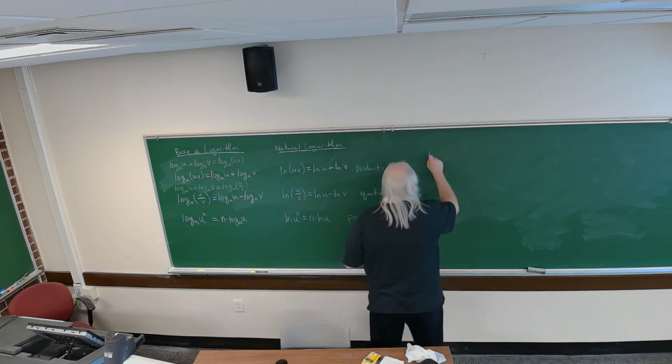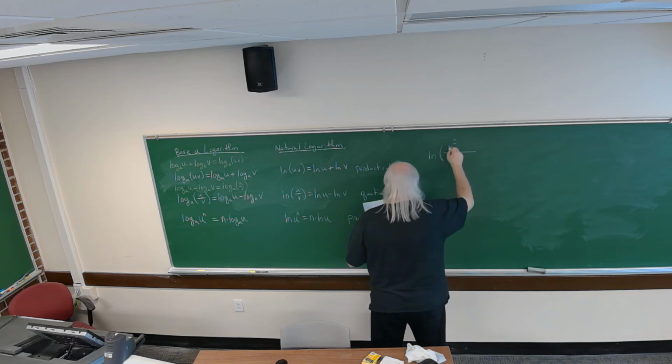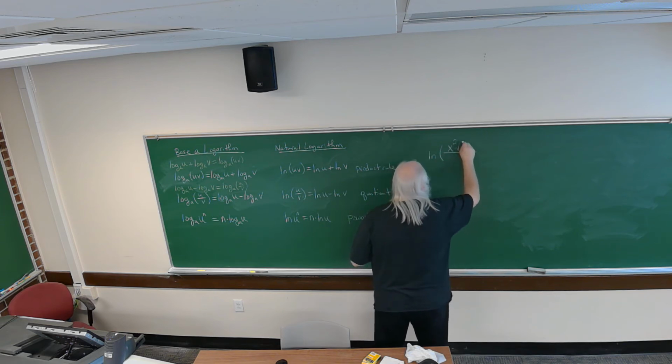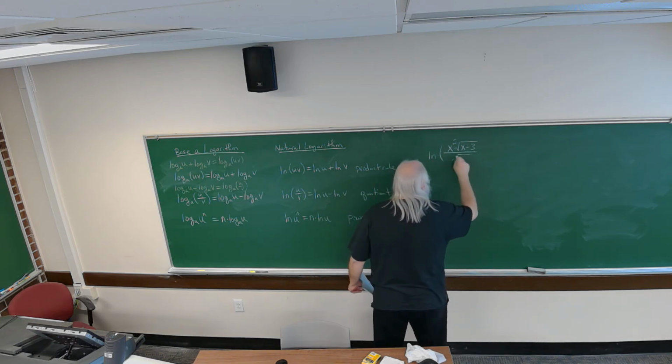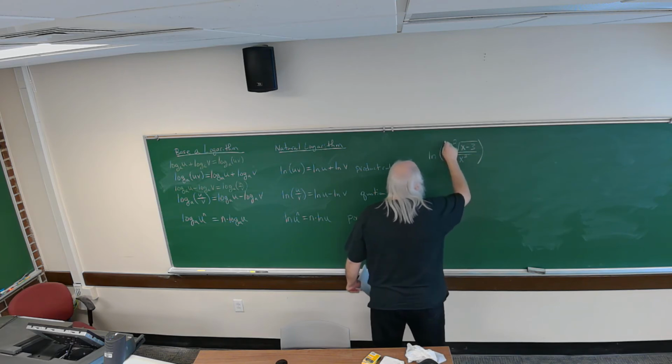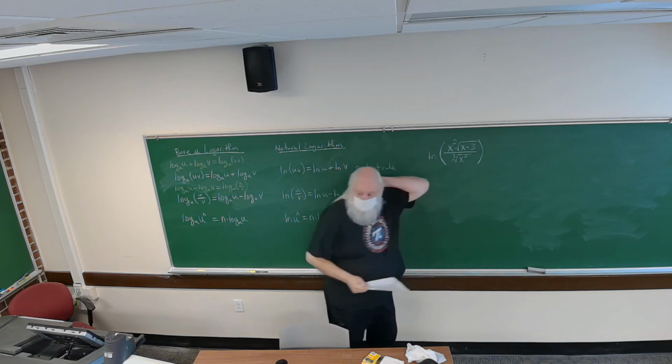We have the natural log of the quotient, x squared times the square root of x minus 3 in the numerator over the cube root of x squared in the denominator. And so we've got to expand that as much as possible.